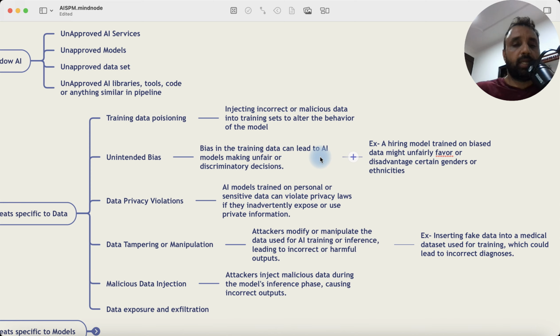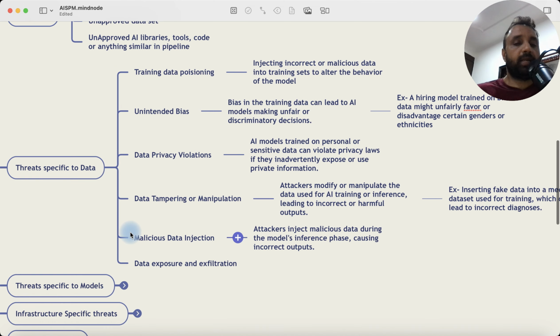So AI models trained on personal sensitive data can violate privacy laws if they inadvertently expose or use this private information. The next thing around data could be data tampering or manipulation, which is attackers trying to modify or manipulate the data used for AI training or inference, leading to incorrect or harmful outputs.